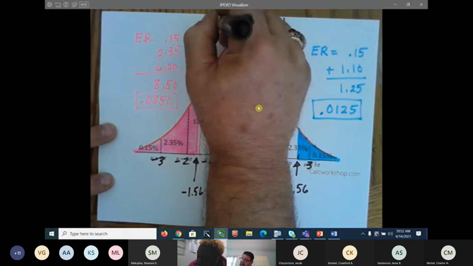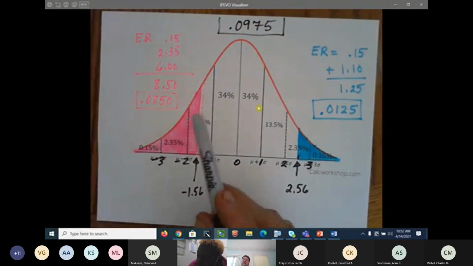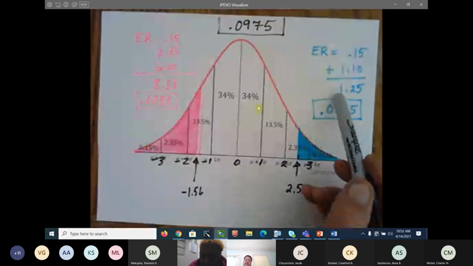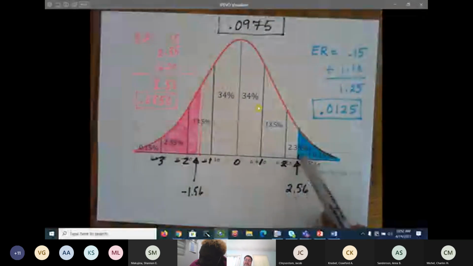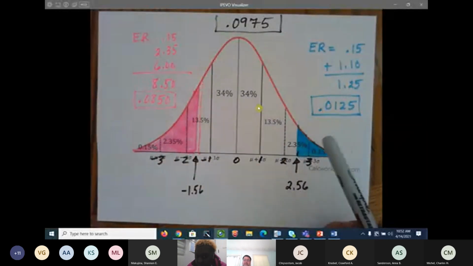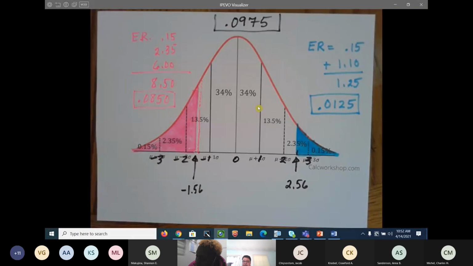That's my estimated answer. Now, of course, you do not need to go through all this writing. Eventually, you do this in your head. Okay? By your third or fourth, fifth question, you don't need to be doing this. You need to be doing it in your head. That's why the picture is so important.